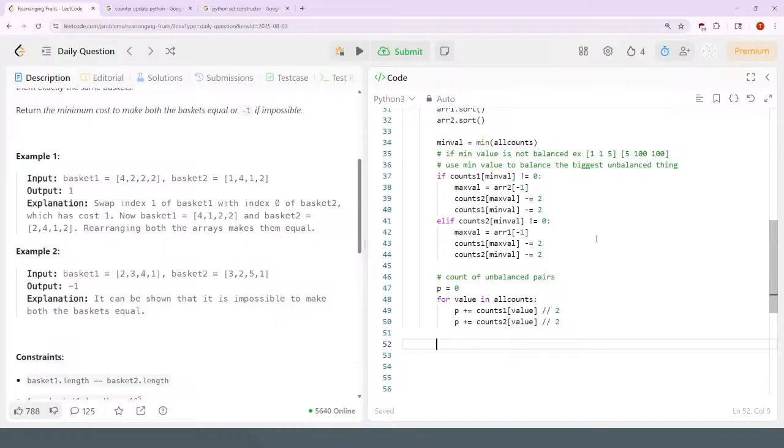So it needs to be the sum of the number of pairs, so the number of pairs is the number of times I need to worry about the cost.